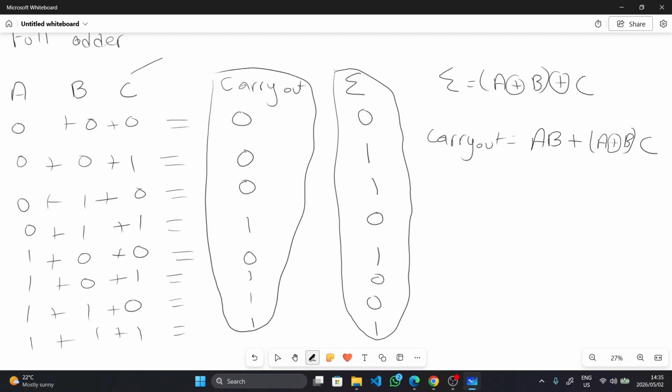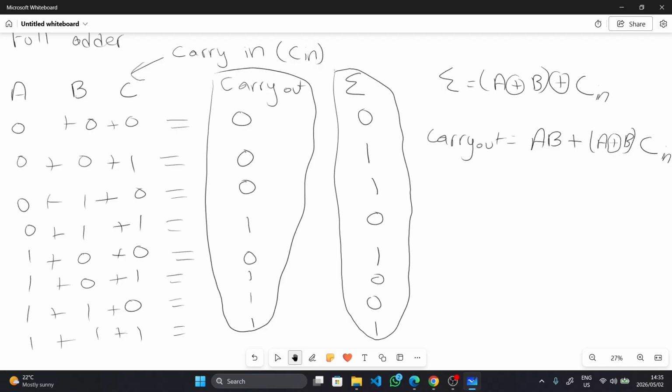And just remember this C, you will see most of the time we call it carry in. So that will represent something like C in. So we can write C in here.